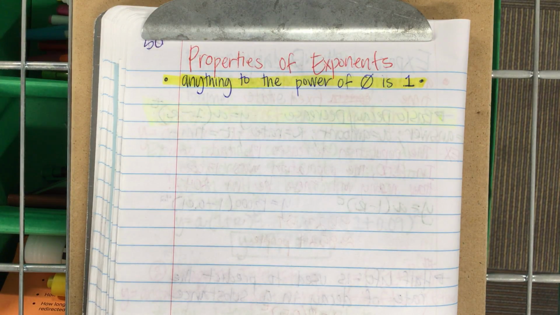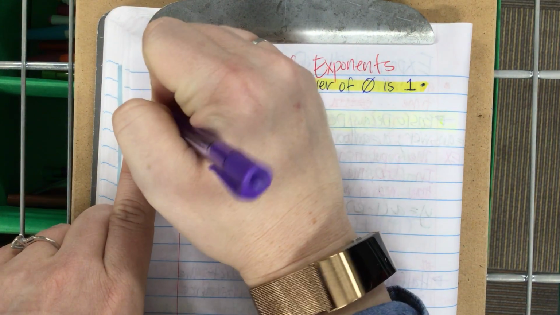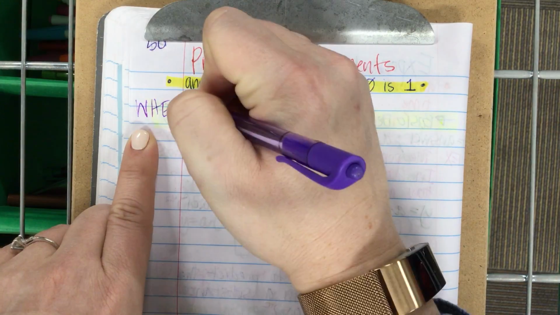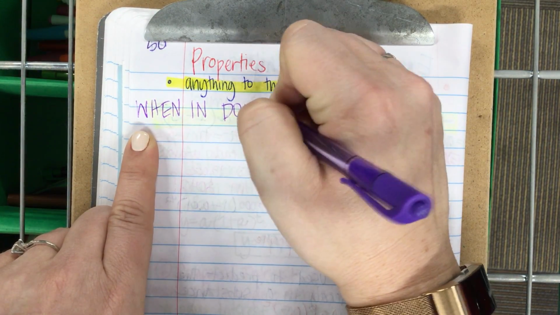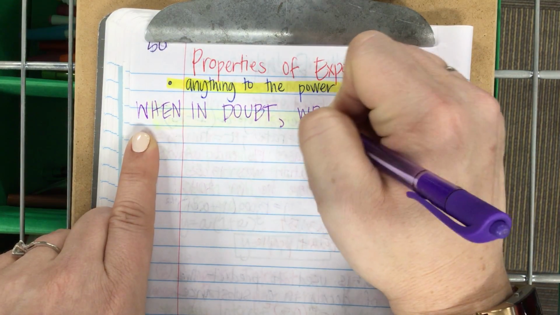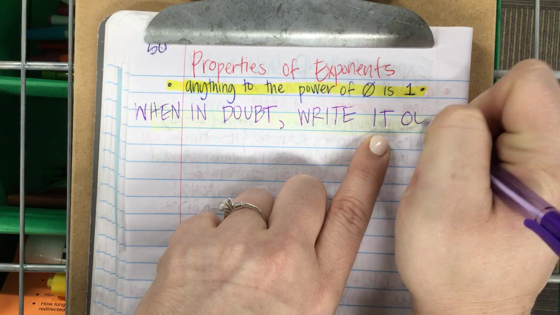Now, the second thing that we just need to keep at the front of our brain all the time while we're doing these problems is, when in doubt, write it out.